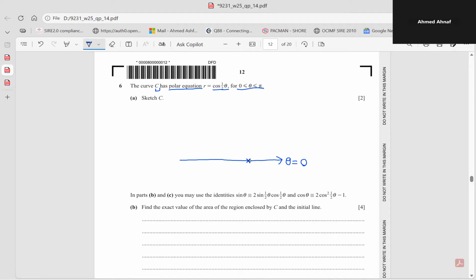And then you increase the angle slightly. I'm going to increase it to pi over 6. I get 0.96592. That's slightly lesser than 1, so it goes around here.